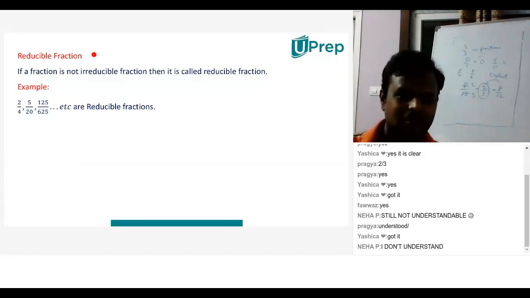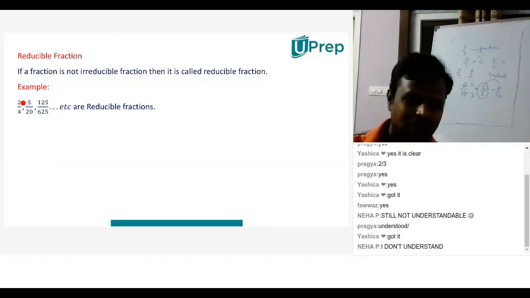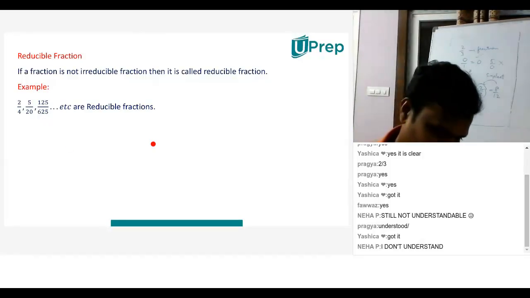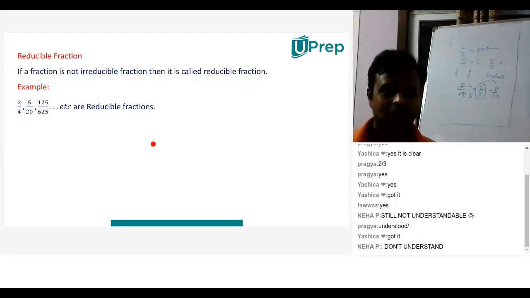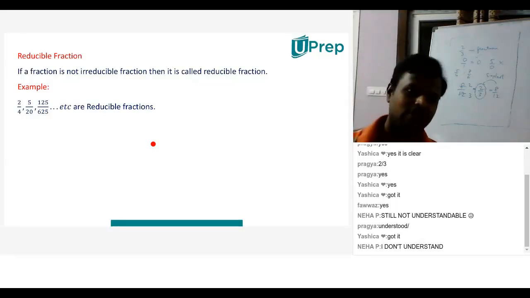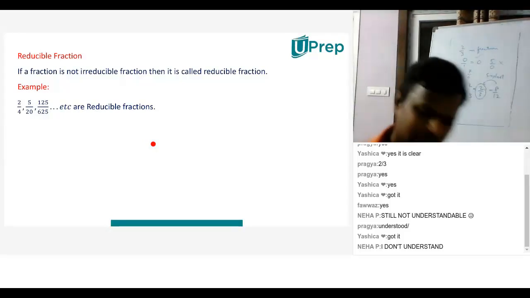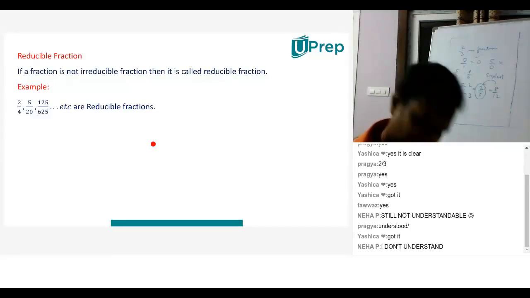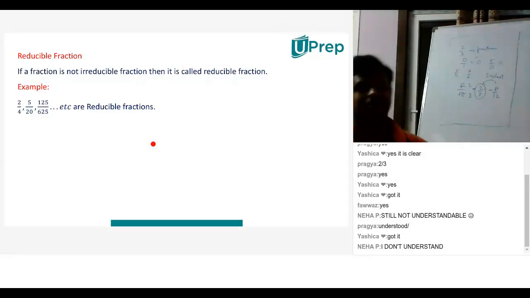So here if you observe, these are called reducible because they have a common factor apart from 1. I have 2 as a common factor for numerator and denominator here. Here I have 5 as the common factor for numerator and denominator. So reducible means that 1 is definitely there, but you have others also apart from 1. Yes, Neha.